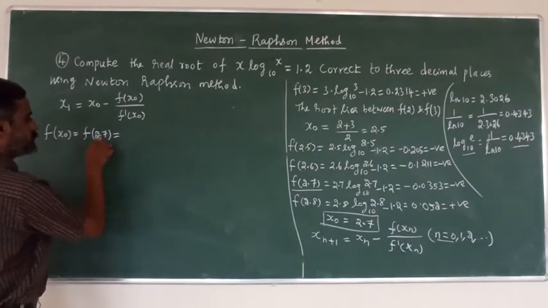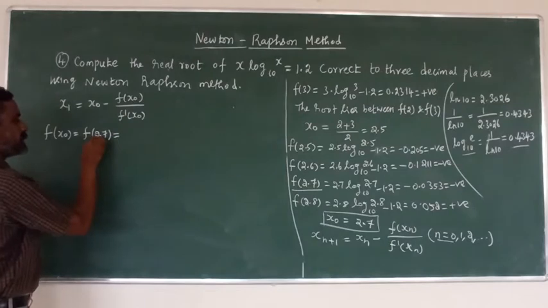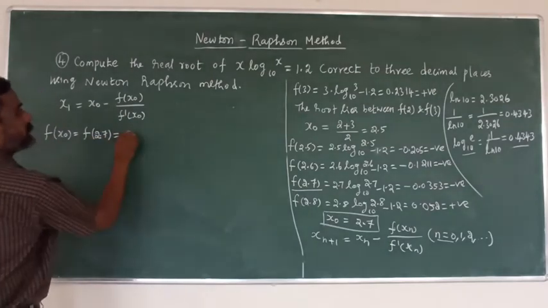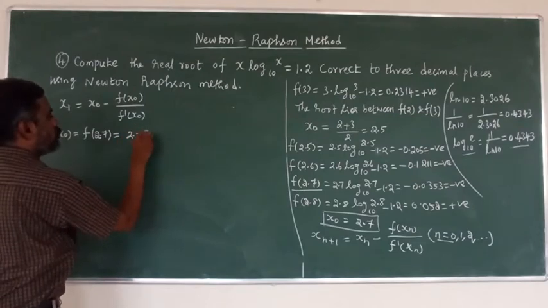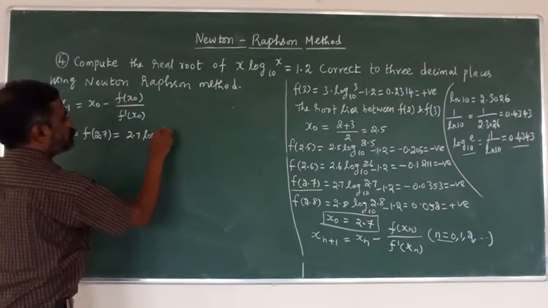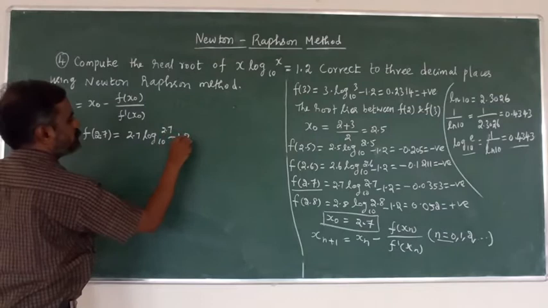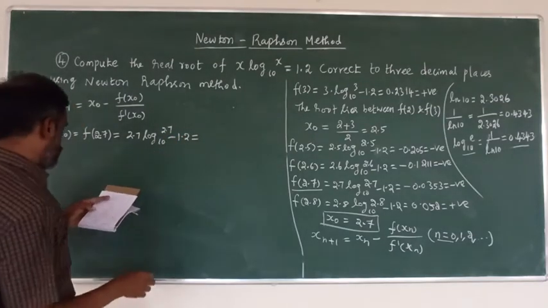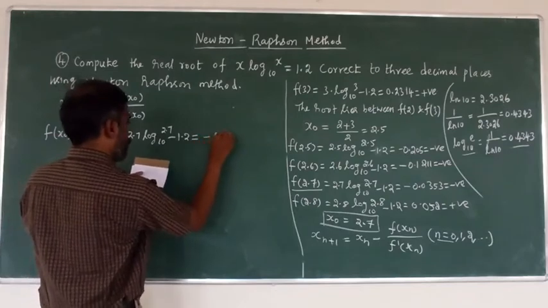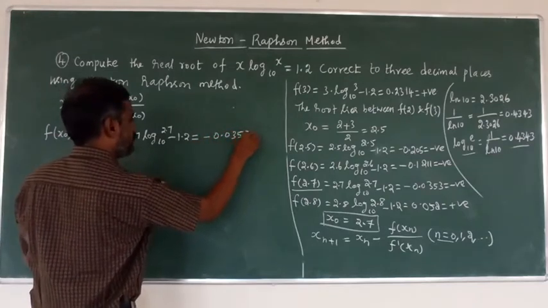Now substitute in the formula, x value 2.7: 2.7 log₁₀ 2.7 minus 1.2. Now simplify, we get the result minus 0.0353.